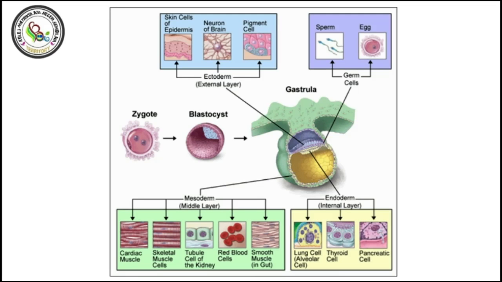This slide summarizes the organogenesis from the three germ layers. The ectoderm will form the skin cells of the epidermis, neurons of the brain, and pigment cells.